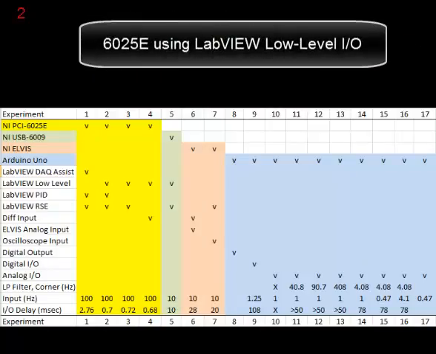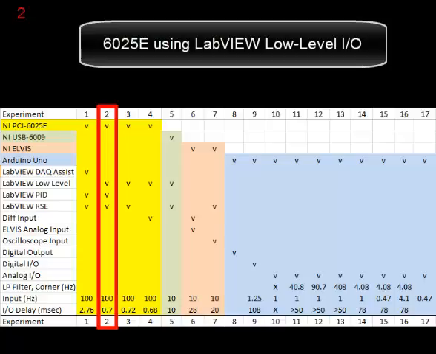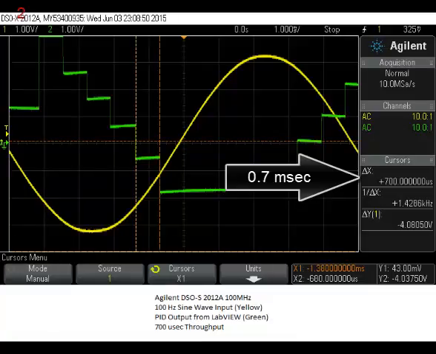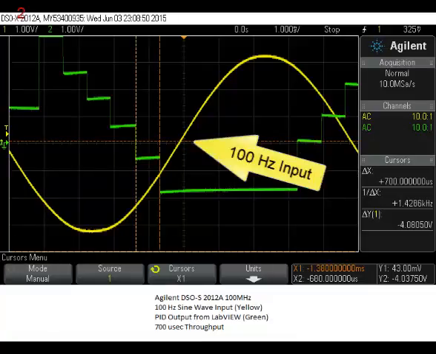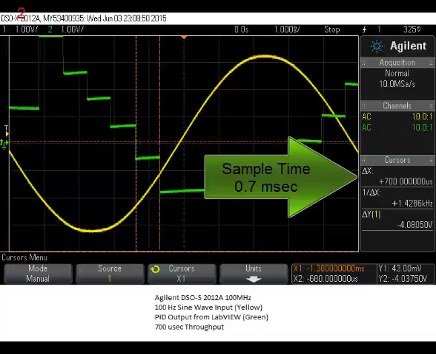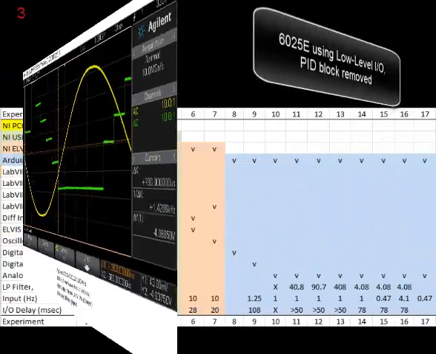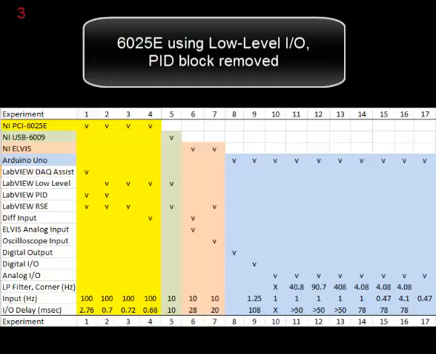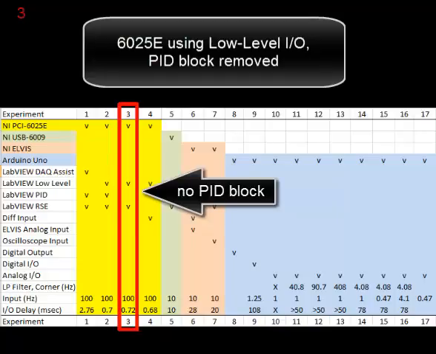Now 6025E using LabVIEW low-level I/O. Significant improvement, 0.7 milliseconds delay. 6025E using low-level I/O and the PID block removed.